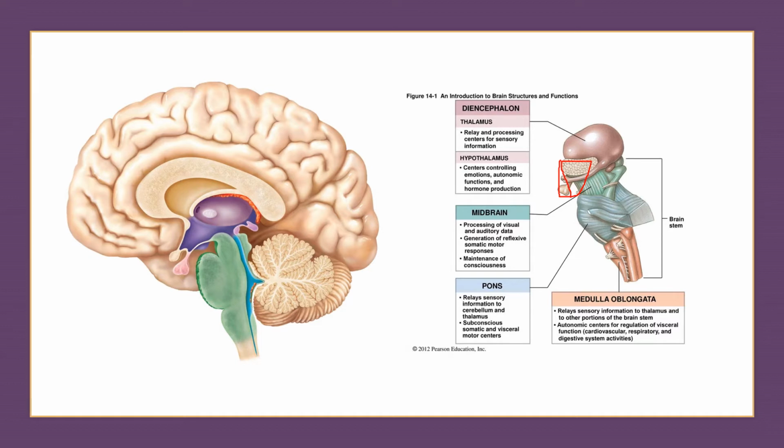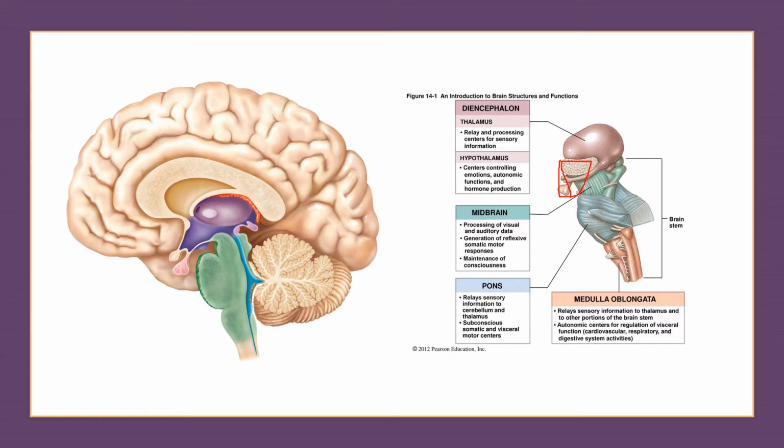For instance, whether we're releasing growth hormone, those neurotransmitters are released and synapse in the pituitary gland, and then the pituitary gland releases growth hormone.